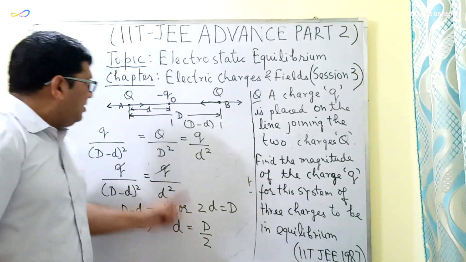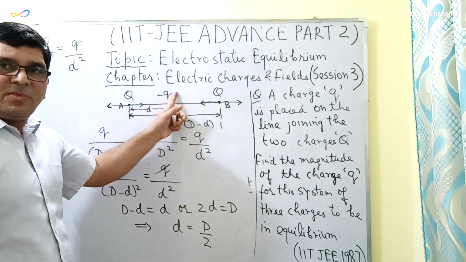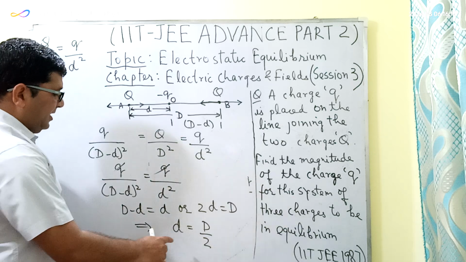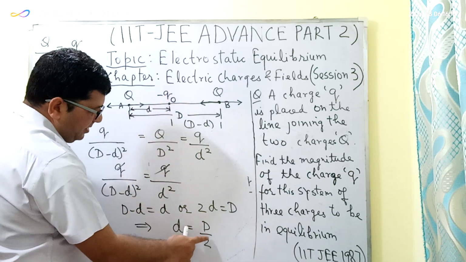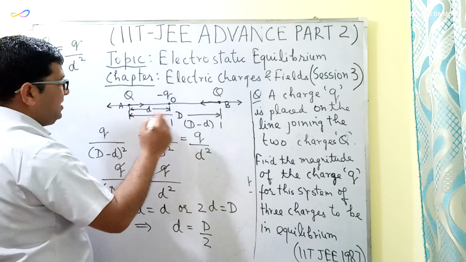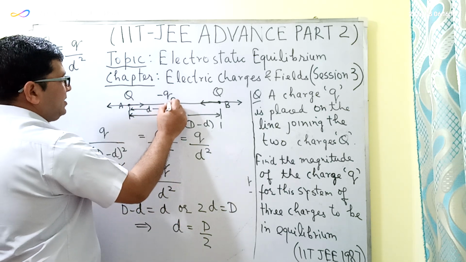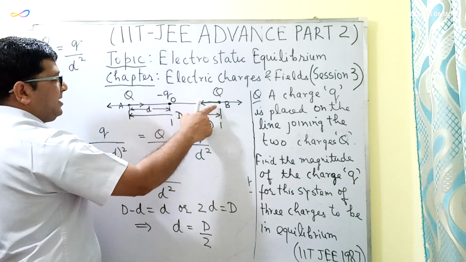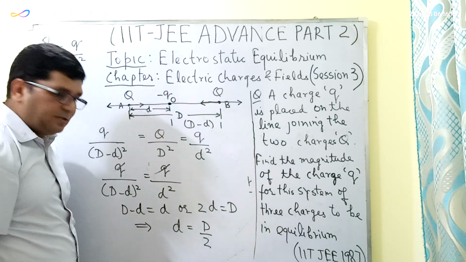So if Q is a negative charge, then this charge has to be placed at a distance capital D by 2, which means that this charge is to be placed at the center of the line joining these two charges.